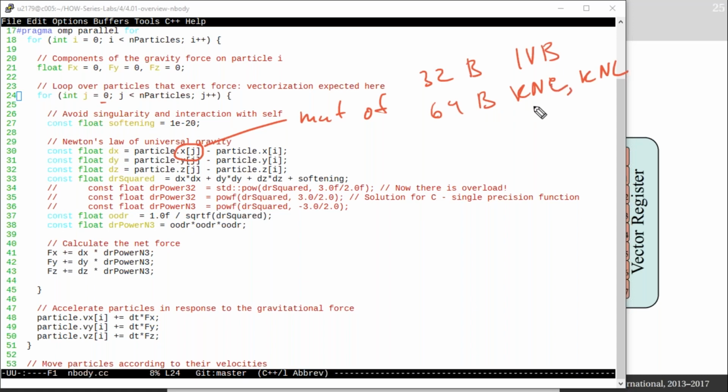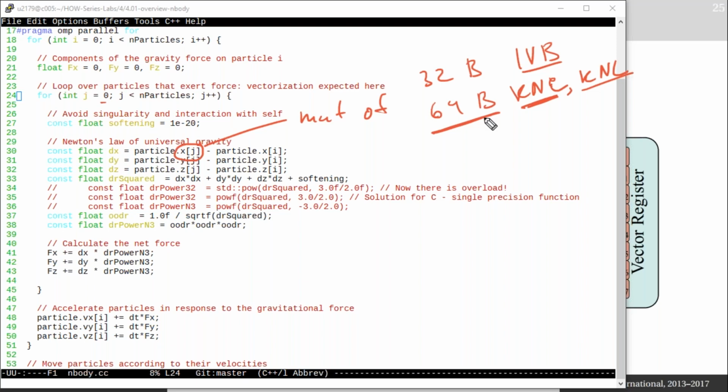Why? That's because loading from memory is faster if you have this alignment on Ivy Bridge and on KNL. In the case of KNC, this is not a recommendation but a requirement. X of 0 must be on a 64 byte aligned boundary. If not, the code will actually crash.